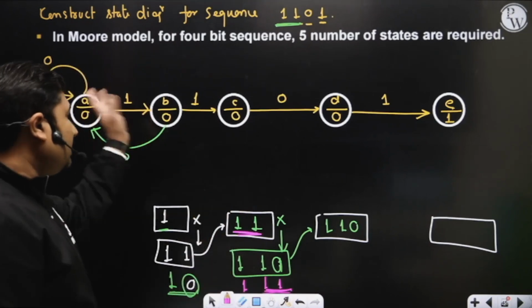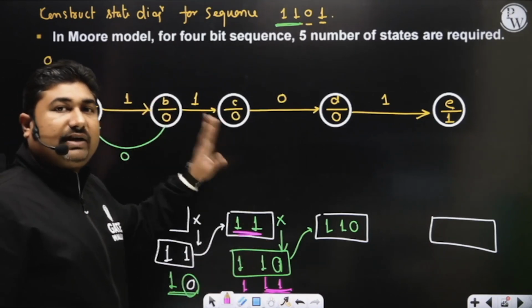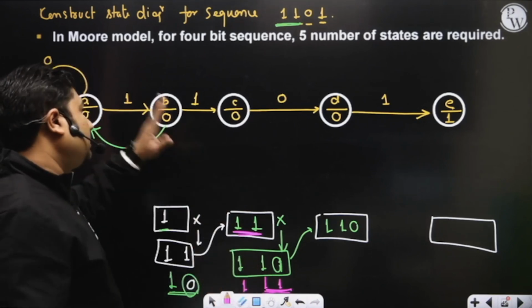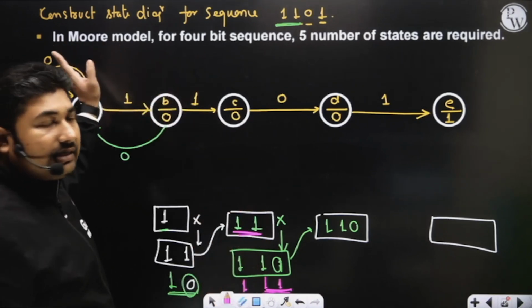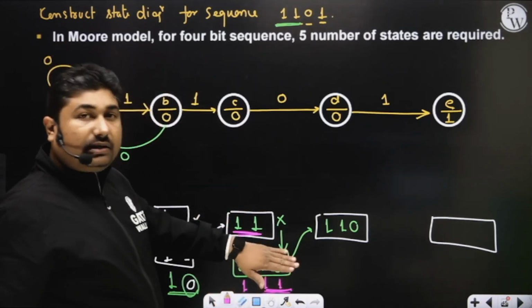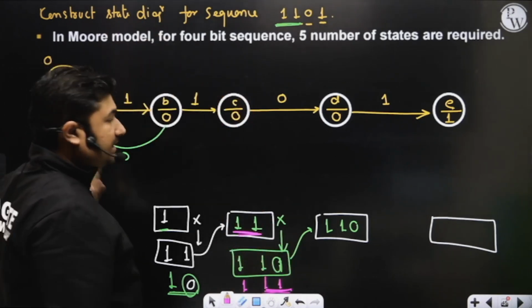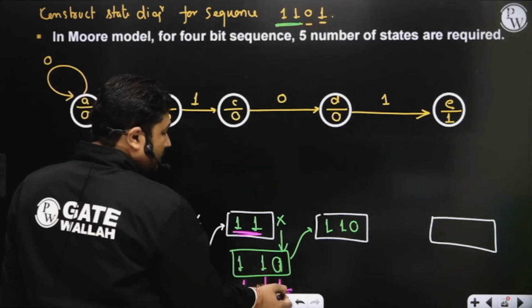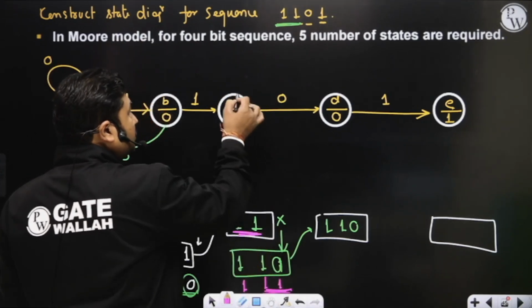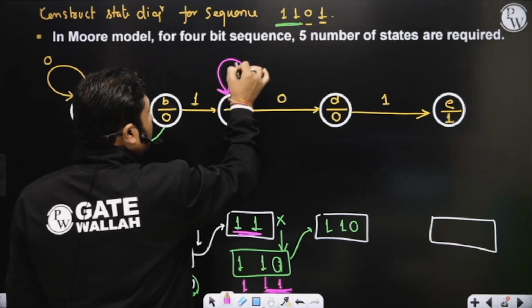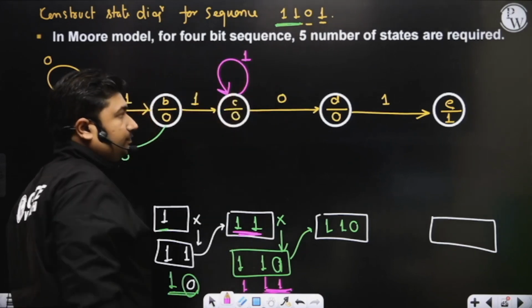If it does not match, then compare 1 bit with the 1-bit state. Otherwise, just draw a transition from C to the reset state. Yes, sir. So here the last 2 bits match the 2-bit state, so remain in the 2-bit state with x equal to 1.